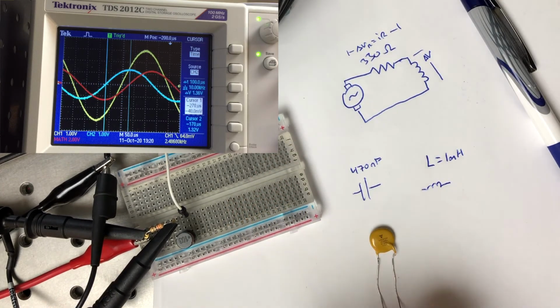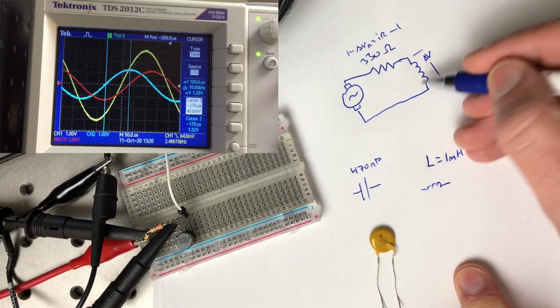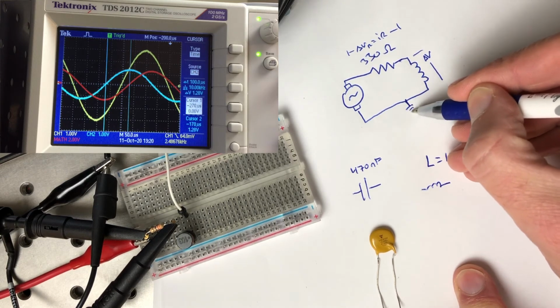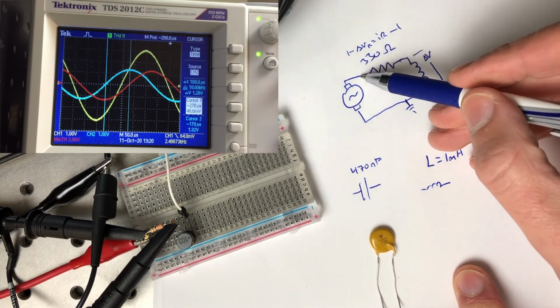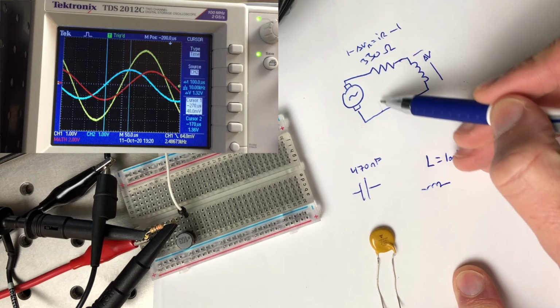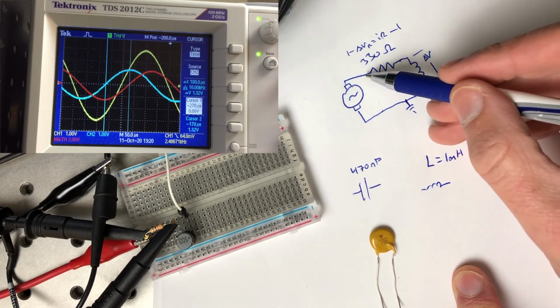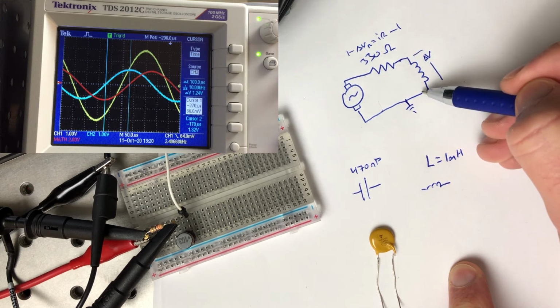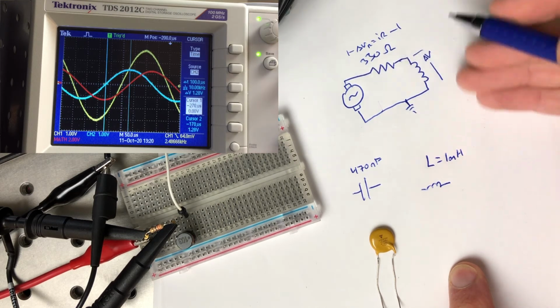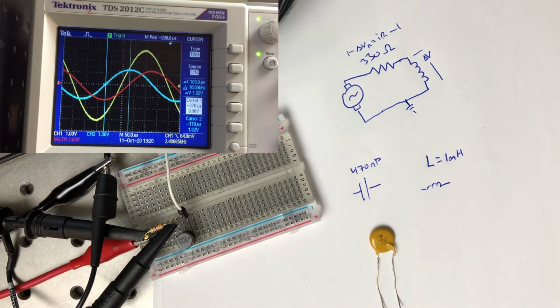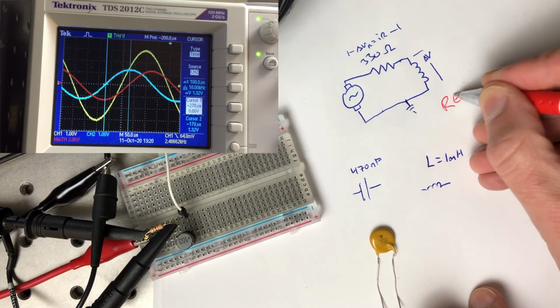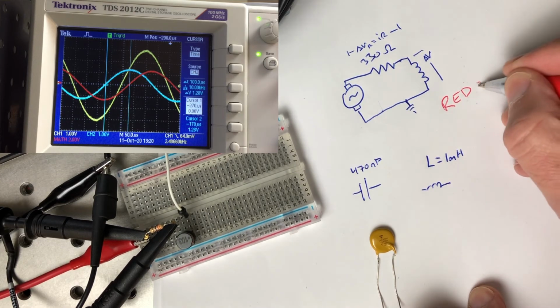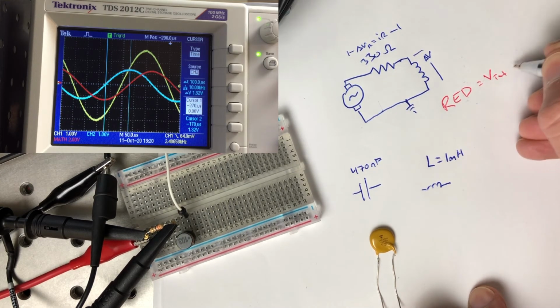And what I'm going to do is, the oscilloscope can only have one ground, so I'm going to call this whole thing ground. I'll measure the total voltage. Let's actually just have a look. We have the total voltage in yellow, and in blue we have the voltage across the inductor, and in red I've just subtracted the two. So red is equal to V total minus V of the inductor.